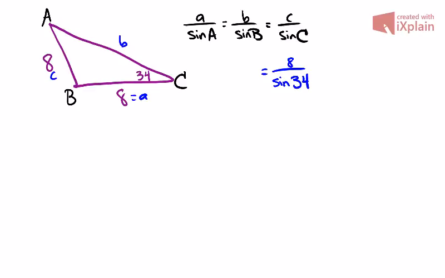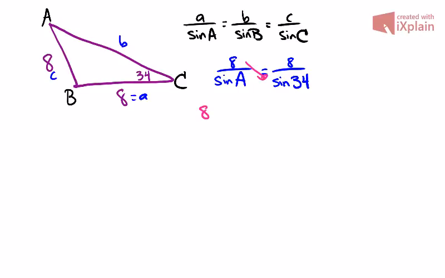So I'm actually going to solve for capital A. So I'm going to have little a, which is 8, over sine of A. Okay, now I'm going to cross multiply like the formula tells us to.